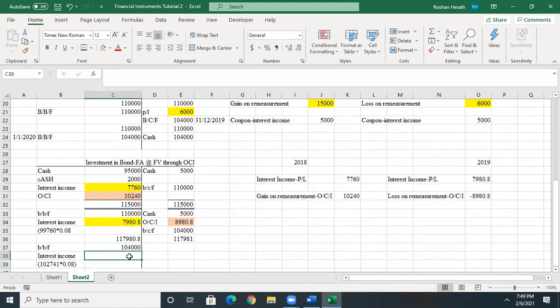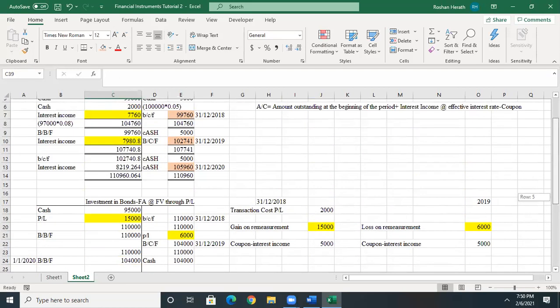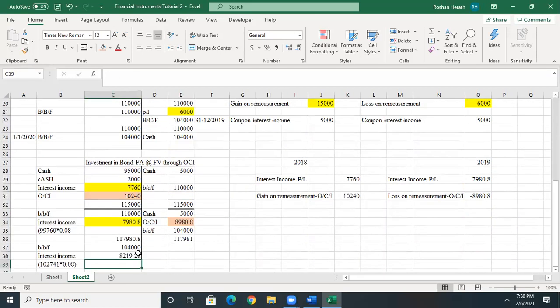Applying that to 102,741, it comes to 8,219.28. It's a small difference.